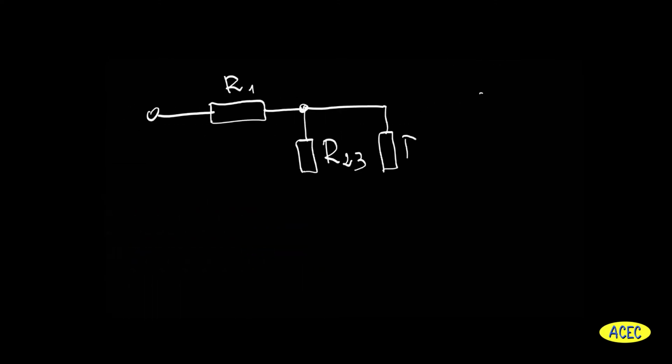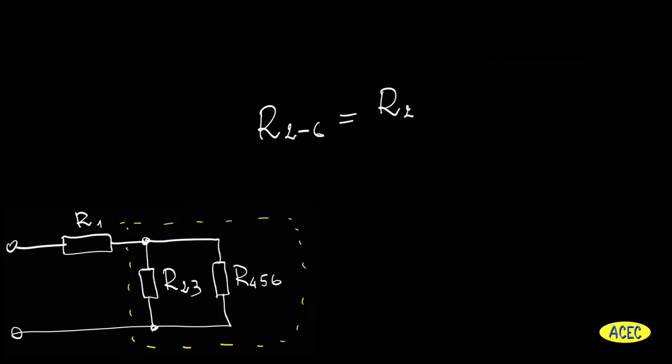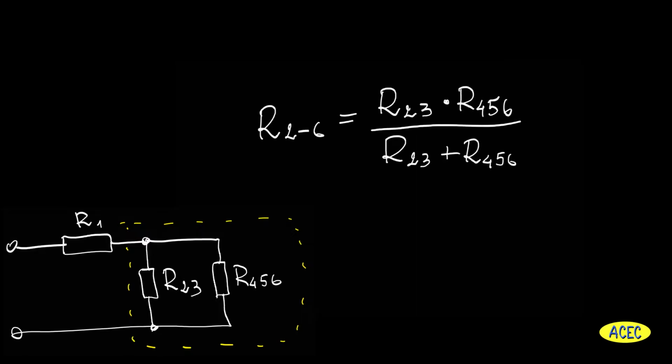So now we have such a scheme, which at the moment includes only three resistances, and the last two are connected in parallel. So let's find the resistance R26, the combination of two parallel resistors R23 and R456.